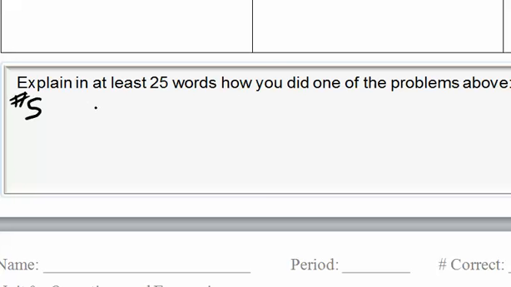And then in writing, with at least 25 words, it may be more than that, but at least 25 words, explain to me how we worked that problem. What did we do? Just look back up at it and explain to me in writing. If you have a hard time with this at first, please get with me, and we can do it verbally, and we can talk about it. But we're going to do a lot of this year because being able to explain it shows me better if you understand it. Plus, figuring out how to explain it will actually help you learn it better as well. All right.